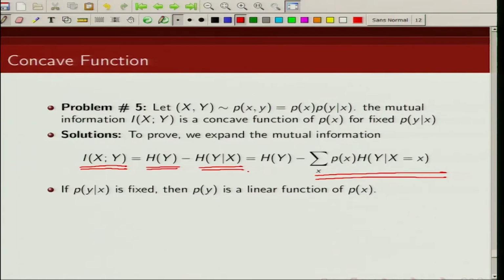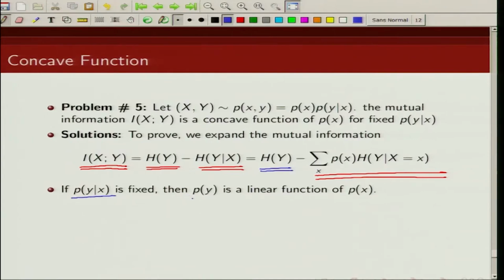Now, let us look at each of these terms separately. Let us look at H of Y. We have already proved that entropy is a concave function of P of Y. And what is P of Y?